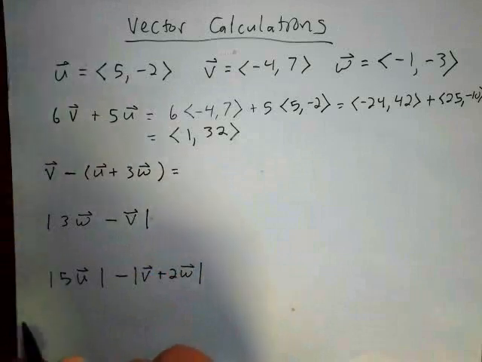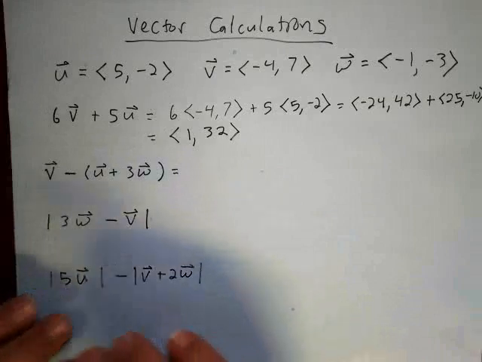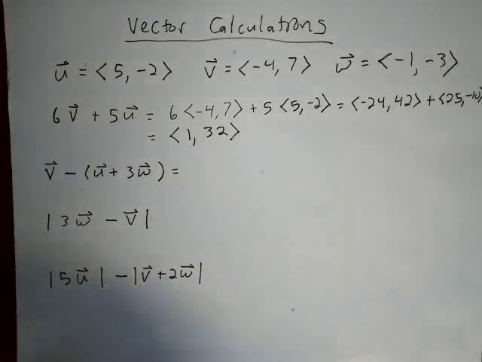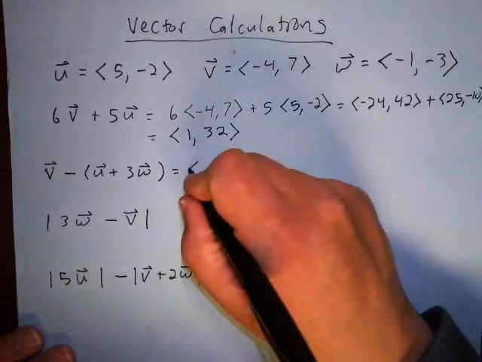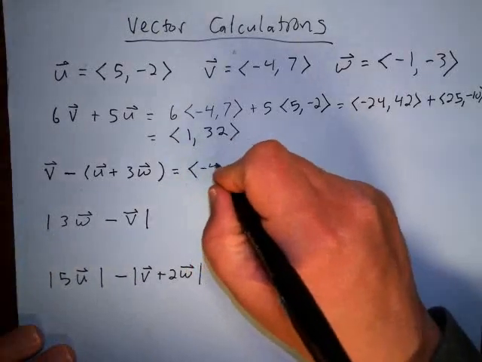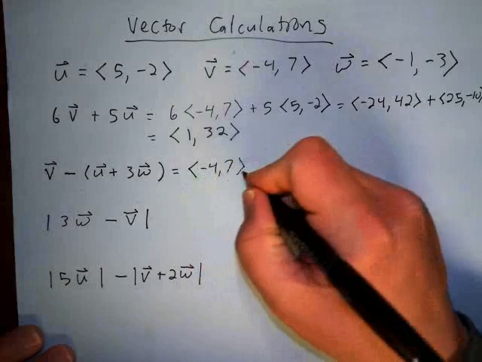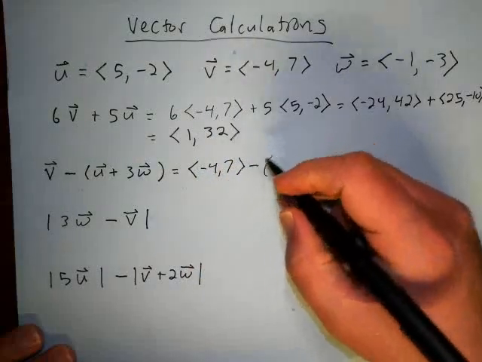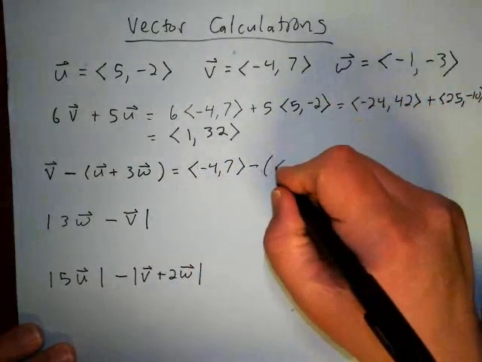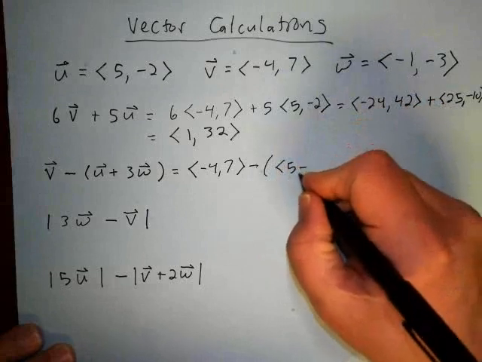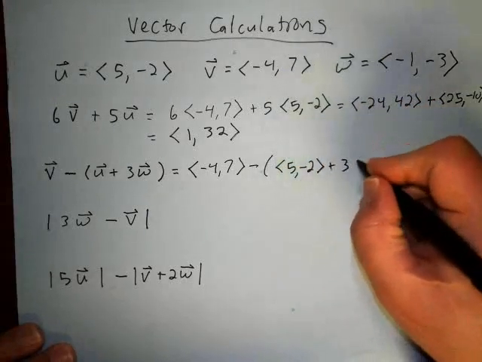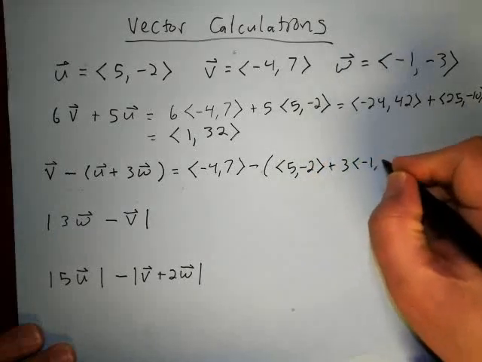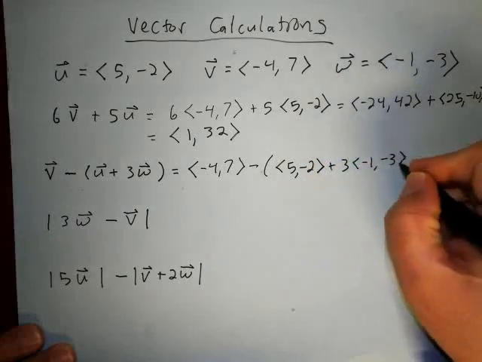I would just do order of operations, where you always do what's in parentheses first. So v is (-4, 7), and then I'm going to subtract u, which is (5, -2), and then I'm going to add 3 times w, which is (-1, -3).